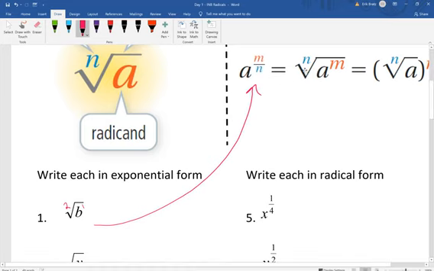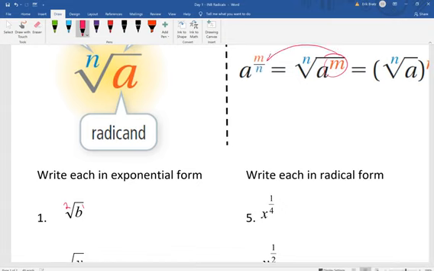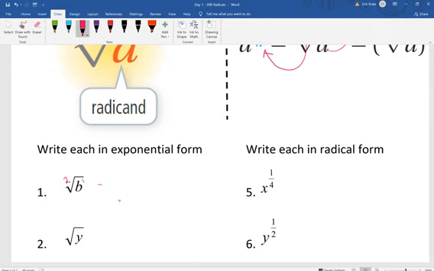We want to change it from this radical form to exponential form. So the number inside the radical will go on top of our fraction. The number outside will go on the bottom. So this will be equal to b to the 1/2. The power on the inside is the numerator. The number on the outside, the index, is your denominator, the number on bottom.